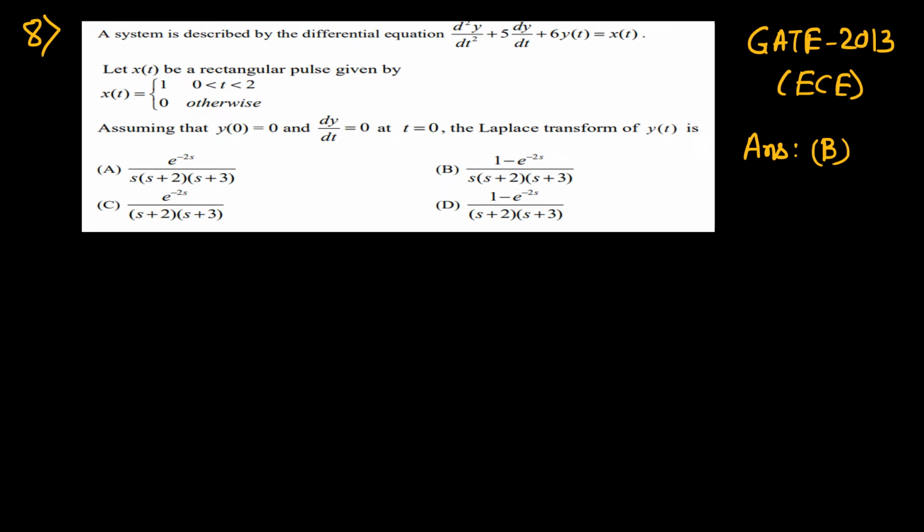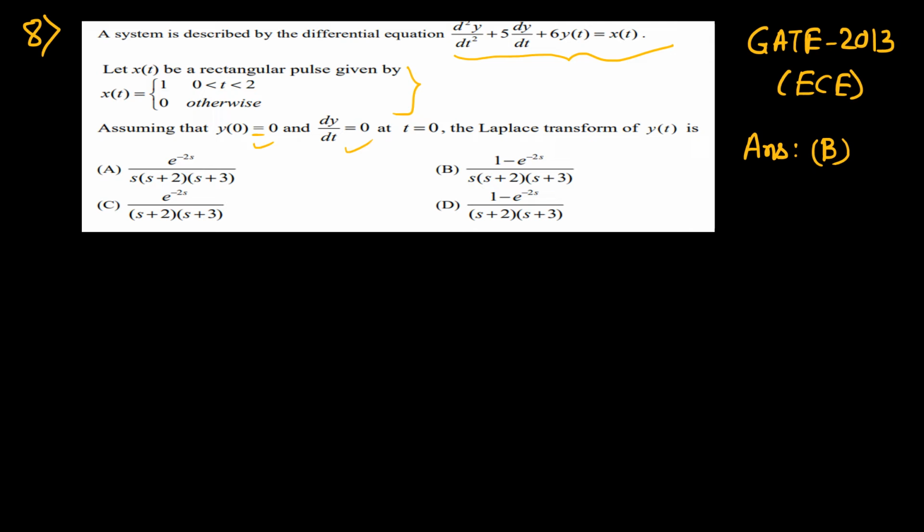Now for this one, you see there is one differential equation given and input is specified here and initial conditions are also given. y(0) is 0 and dy/dt at 0 is also 0. We need to find the Laplace transform of y(t), meaning Y(s). So first we'll consider this x(t).